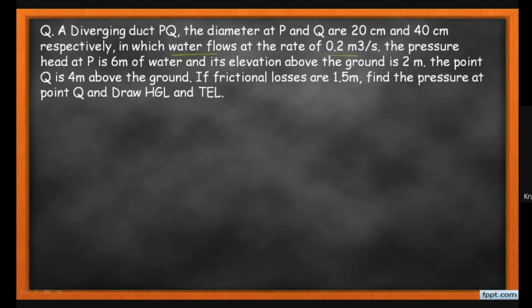The pressure head at P is 6 meter of water, and its elevation above the ground is 2 meter. The point Q is 4 meter above the ground. If the frictional loss is 1.5 meter, find the pressure at Q and draw the HGL and TEL lines.